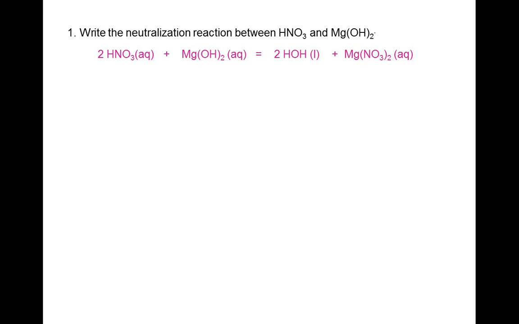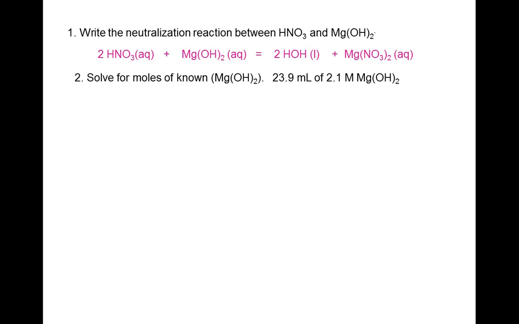Now step number 2 is where I need to use the known piece of information to solve for moles of the known. We'd said previously that the known information in this case was my magnesium hydroxide, because I knew both its volume and its molarity. So we are using 23.9 milliliters and it's 2.1 molar. Please be careful on this one.